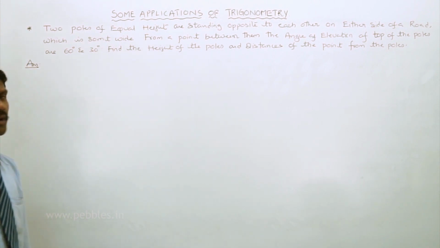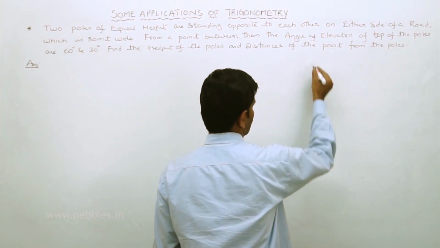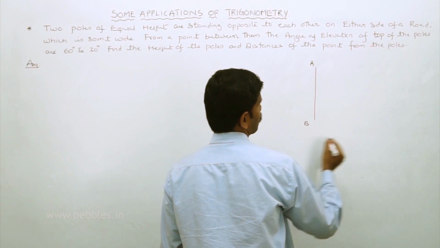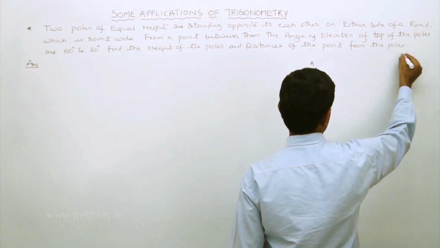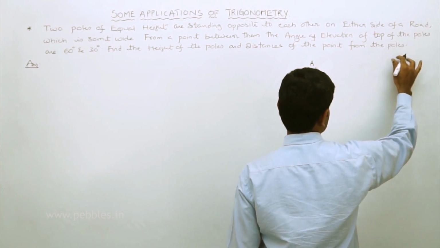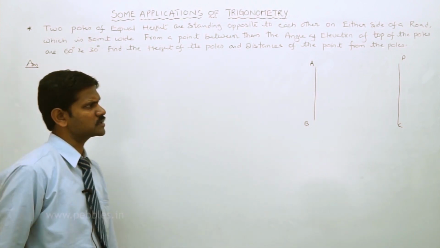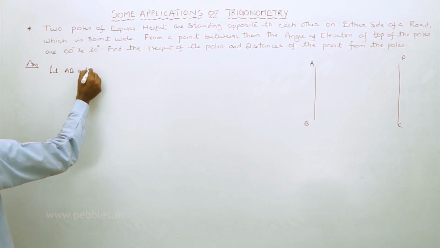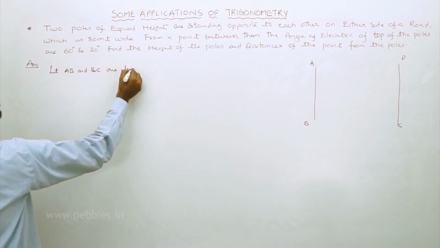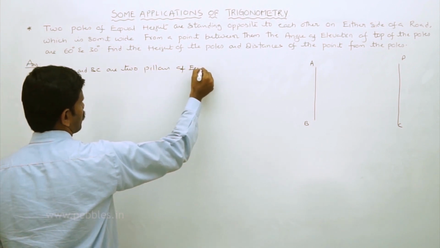Here two poles are given and the condition is that the two poles are of equal height. Let AB and CD be the two pillars of equal height.